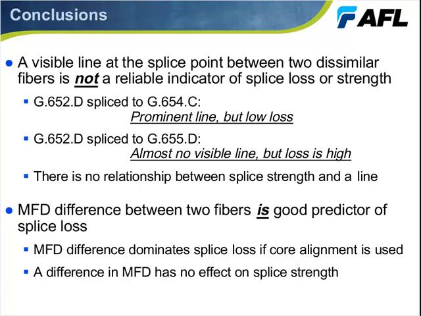It's very visible, but the loss is very low. Whereas with the 652 splice to the 655, there's almost no visible line, but the splice loss is relatively high due to the MFD difference between those two fibers. So really we can't relate it to splice loss, and also there's no relation to splice strength.